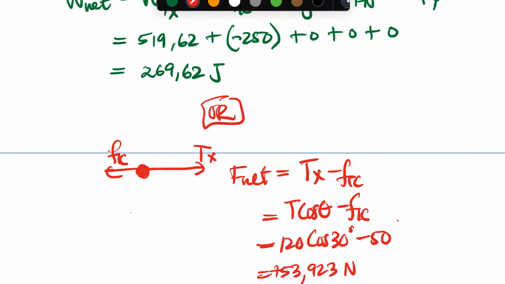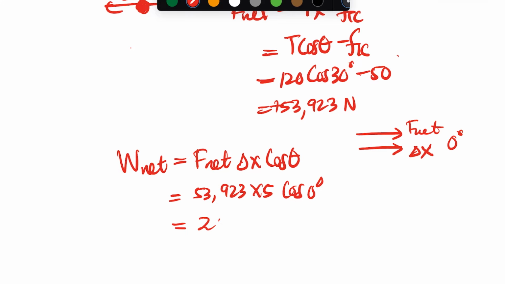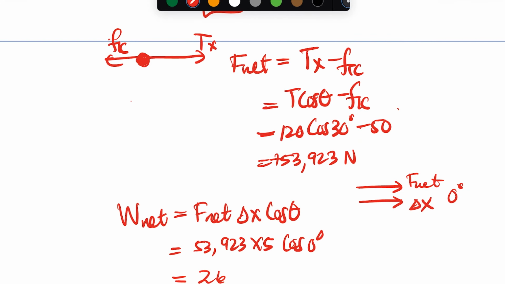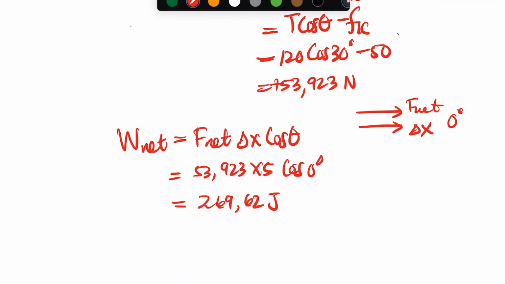So the answer will be the same: 269.62 joules. If the F net is in the same direction as the displacement, the object is speeding up, moving faster. I hope that makes sense.